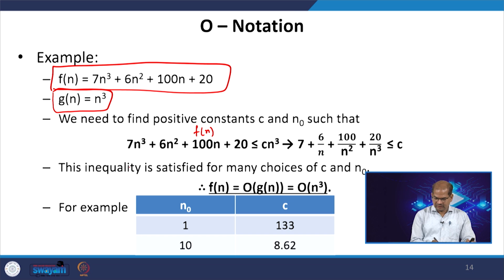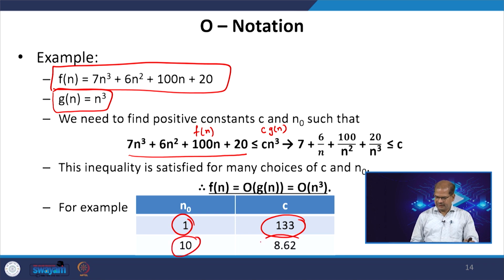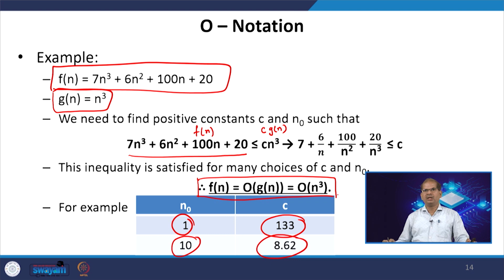If I take n naught equal to 1, I will get c as 133. If I take n naught equal to 10, I will get 8.62. So, if this inequality holds good, I can say f of n is big O of g of n, and g of n is basically big O of n cube.